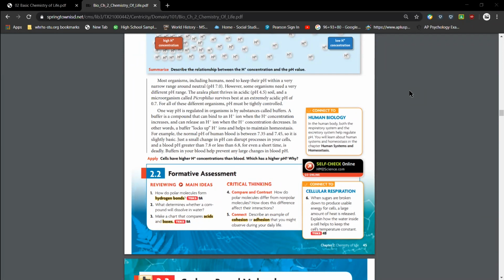The next question is, what determines whether a compound will dissolve in water?